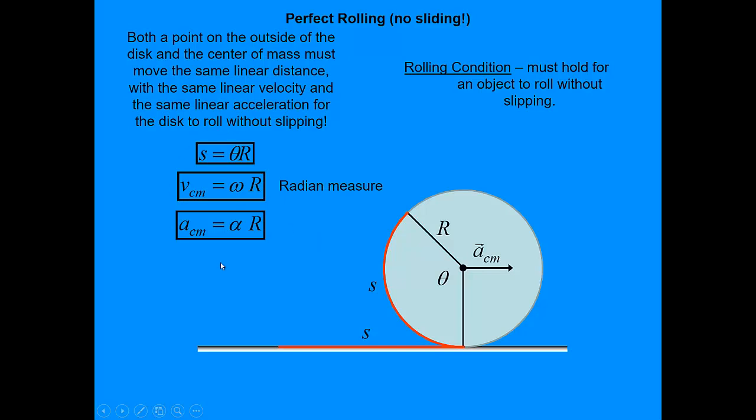Right? These things have to be true for an object to roll without slipping. Okay? The outside of the rolling object must move through the same distance as the center of mass with the same linear velocity and the same linear acceleration. Otherwise, it would slip on the surface. So what does that do for us?